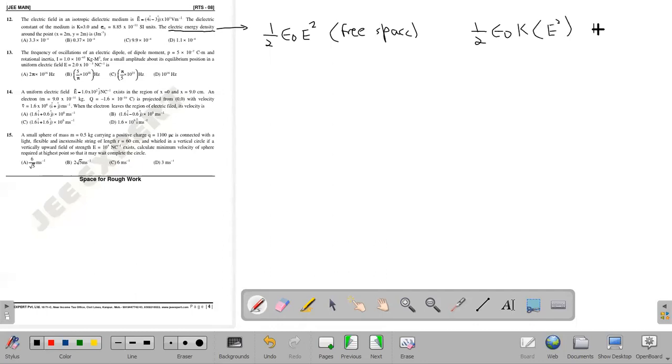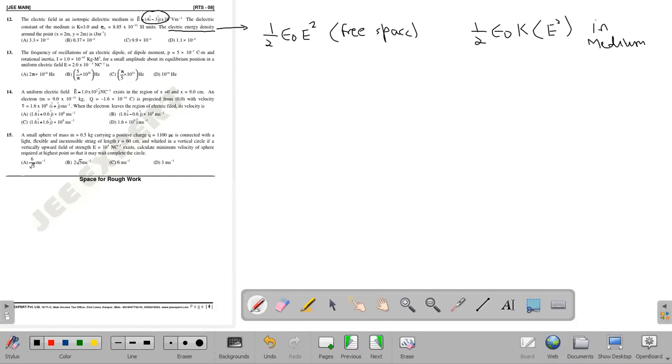So this is in some medium. Here the electric field is uniform, 4 i cap minus 3 j cap, and a medium is present with a given dielectric constant, and the rest we have to put the values. And this electric field magnitude can be obtained by the very basic concept of how to find the magnitude of a vector.